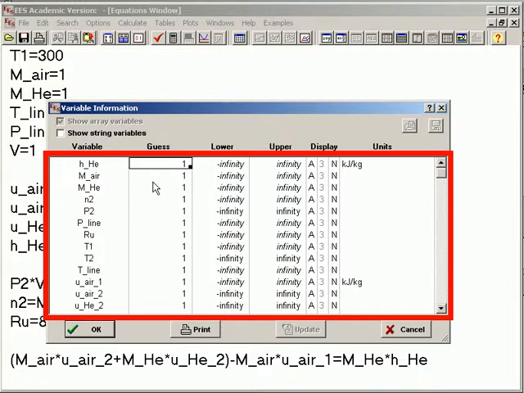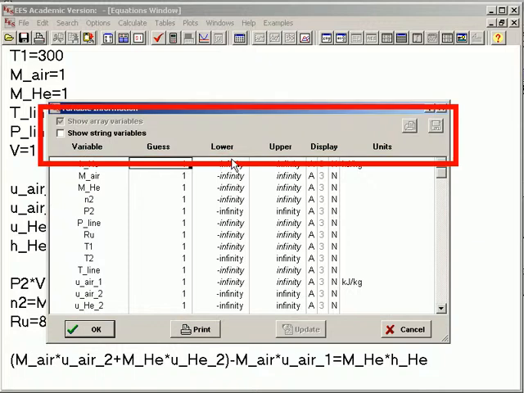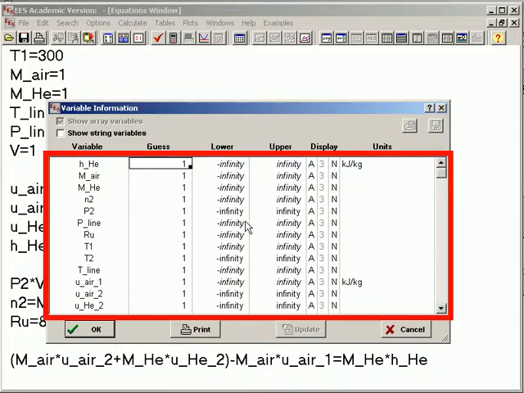Then there are guess values, and the guess values are used because the way equation solvers work is you guess a value and then you converge onto the solution. So you always have to have some starting point to work from. The guess values are just set to 1 automatically in EES. You can also specify limits, meaning a lower and upper limit for these variables.